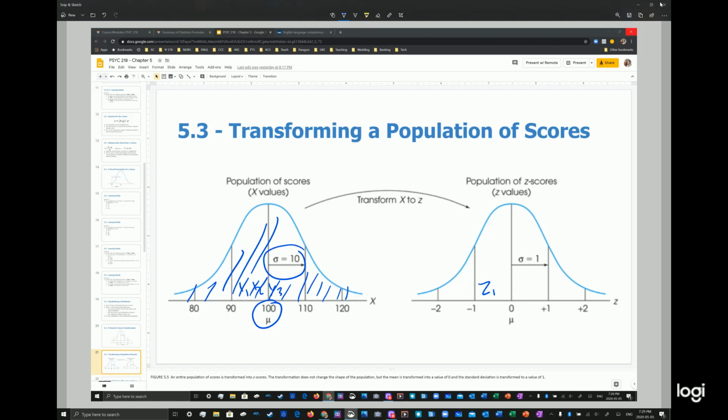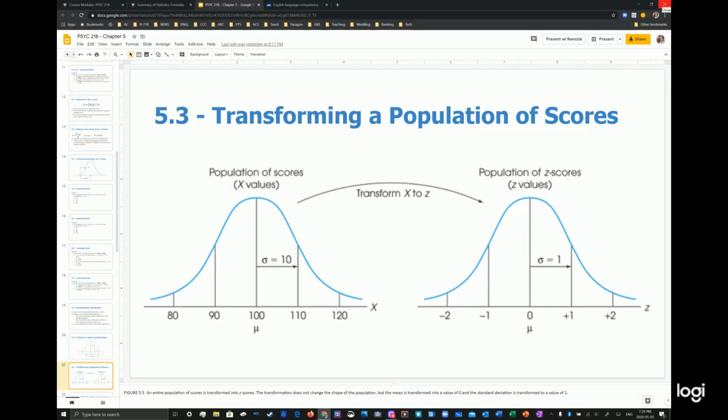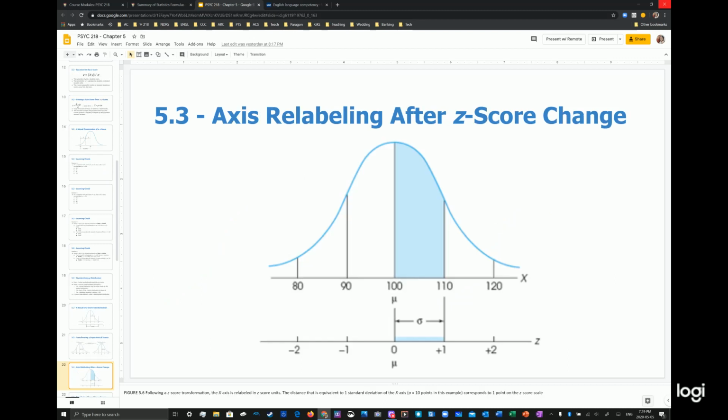Now you're transforming these into z1, z2, z3, etc. The z-score distribution would have a mu of 0 and a standard deviation of 1. Once you transform the distributions, or the populations, you're able to compare distributions as z distributions, because you're measuring everything by standard deviation scores, or in this case, z-scores.